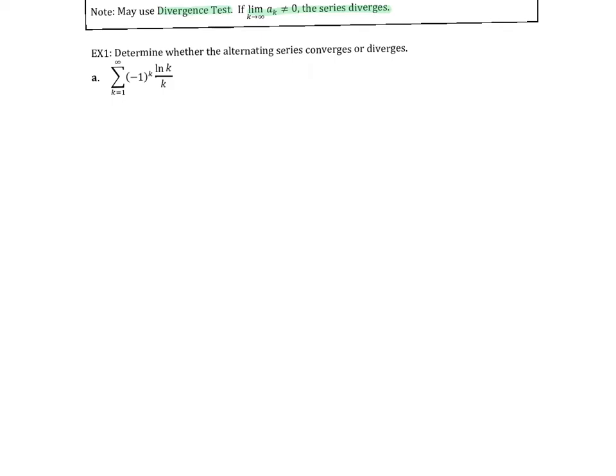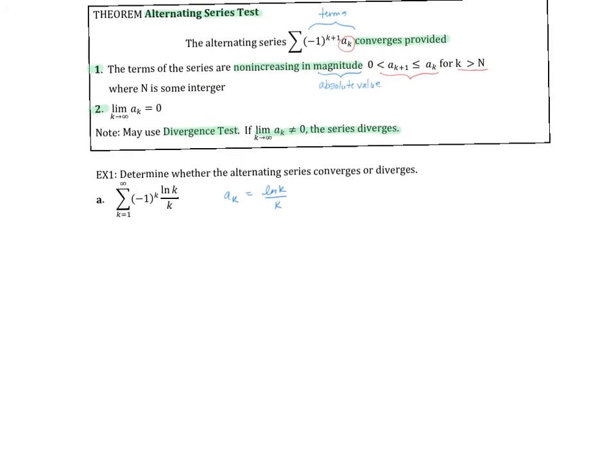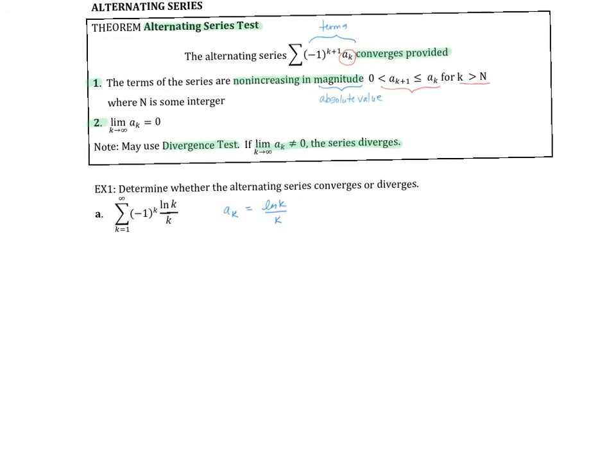So this is what I mean. I have this alternating series. Notice that my a sub k is natural log of k over k. Something that you should note, going back to our alternating series test, is that notice it's to the k plus 1. That actually doesn't matter.